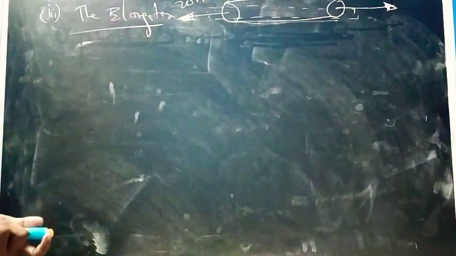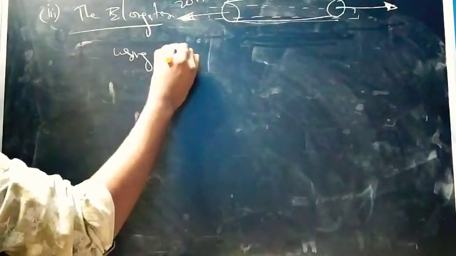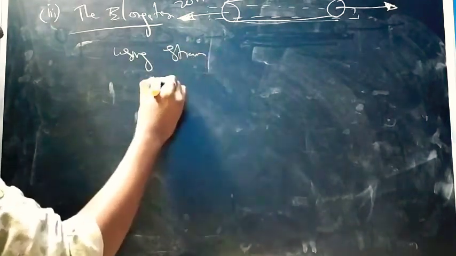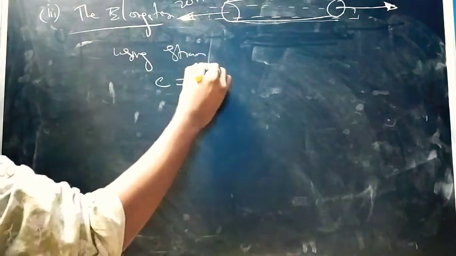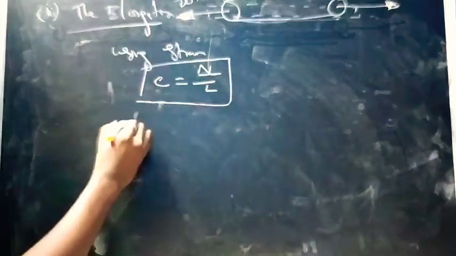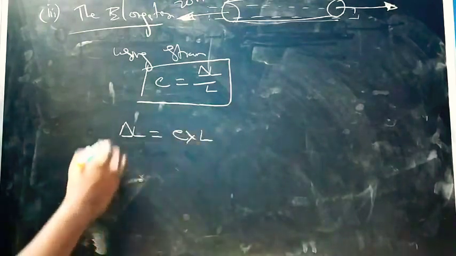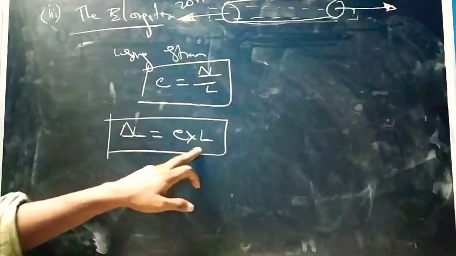We know that the strain, epsilon, equals change in length by original length. From this I can get change in length equals epsilon into length, that is strain into length.